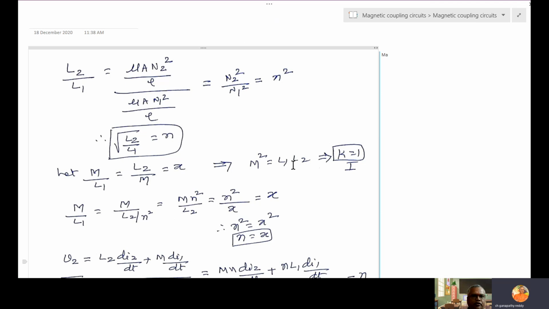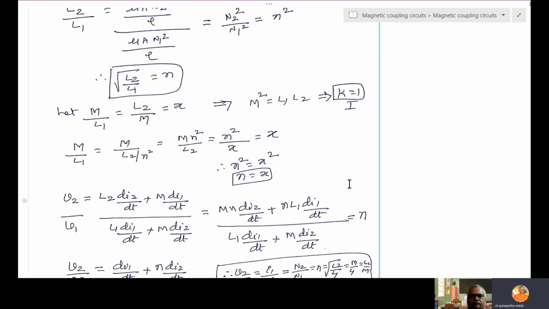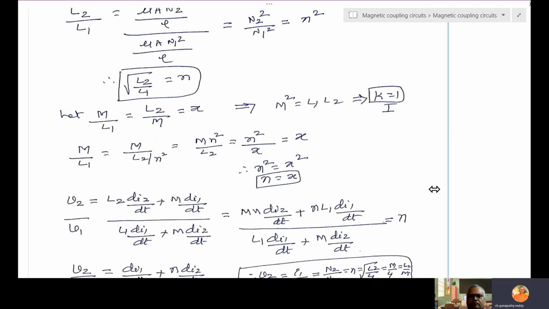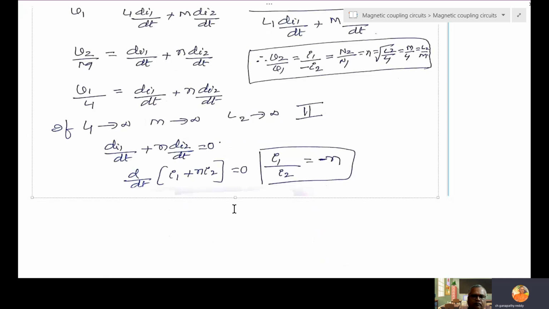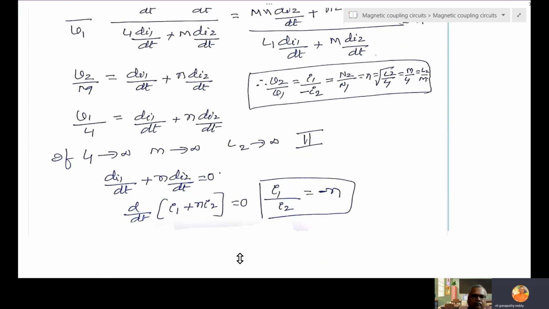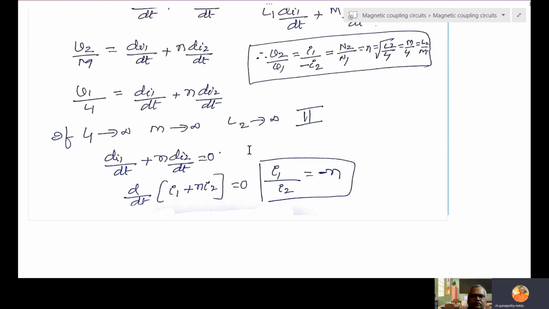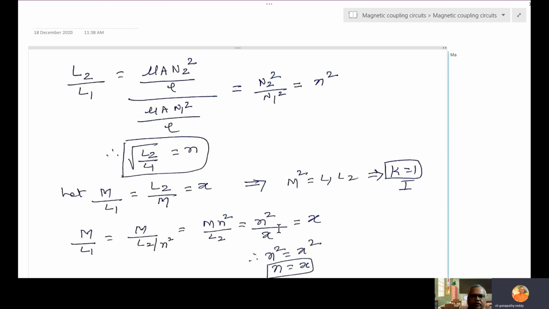Now there are some more important derivations. Keeping basic coupling in mind, there are many formulas.